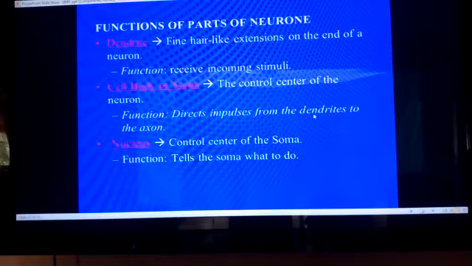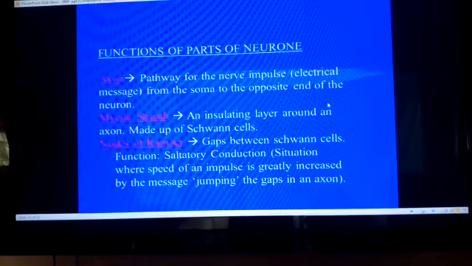And the other part, which is very critical, is the control center of the soma, the nucleus, which commands the soma on what to do. The axon is the pathway for the impulse. That is, the impulses are electrical messages from the soma to the opposite end of the neuron.